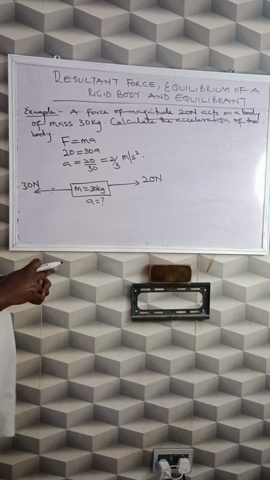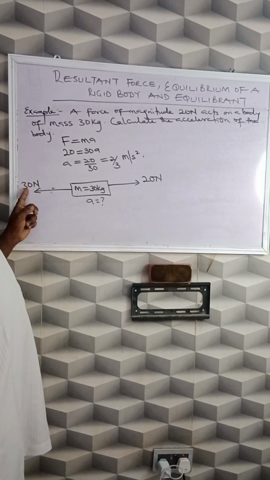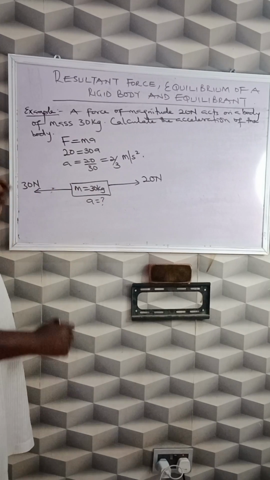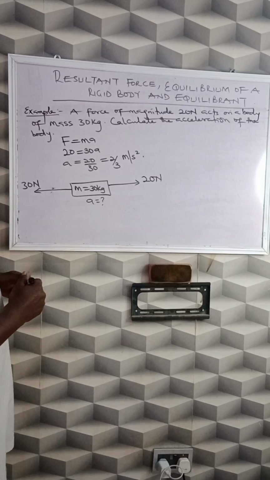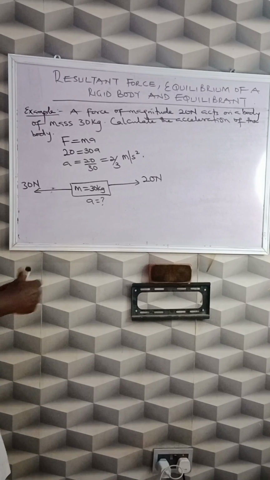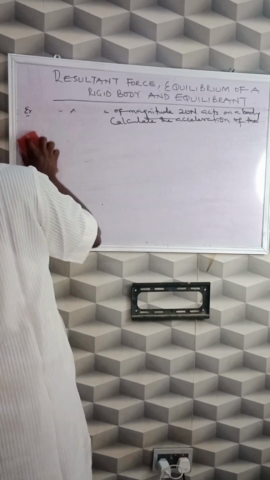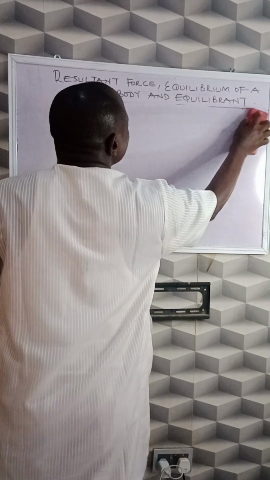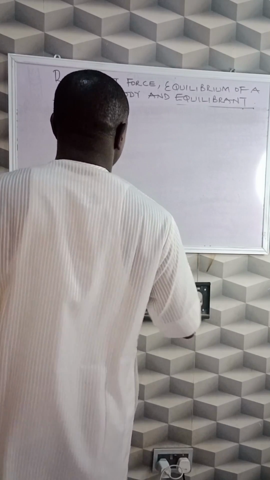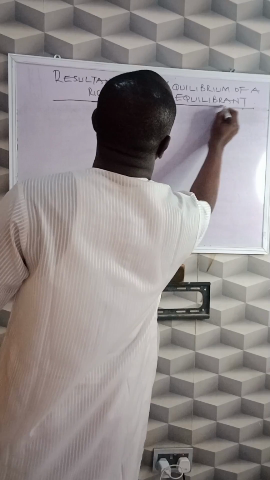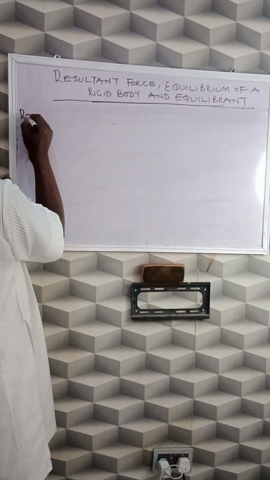So in that case we talk of a resultant. We'll find a way of combining 30 and 20 to produce a single force, then you talk of resultant force. So that is introduction to resultant. So a resultant force will now be resultant force.